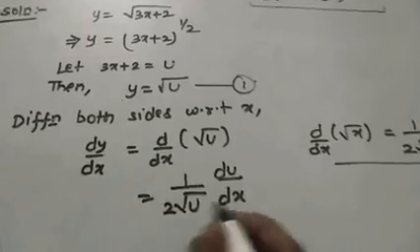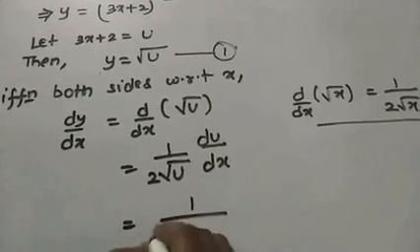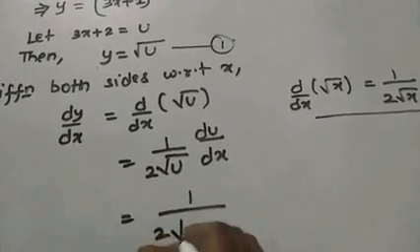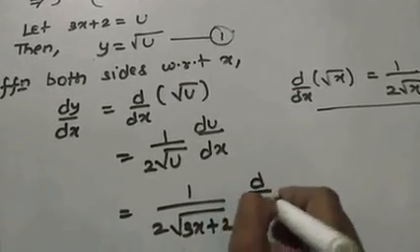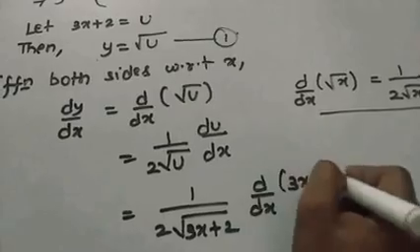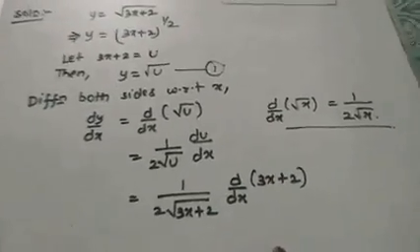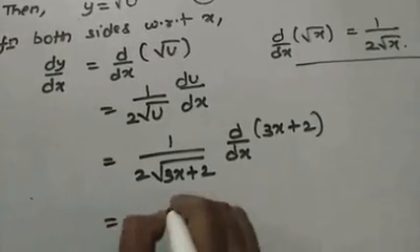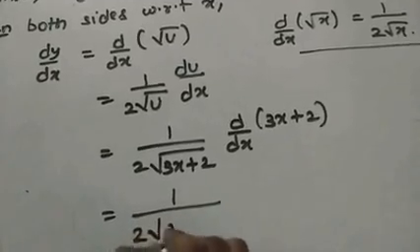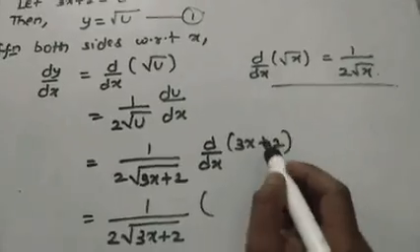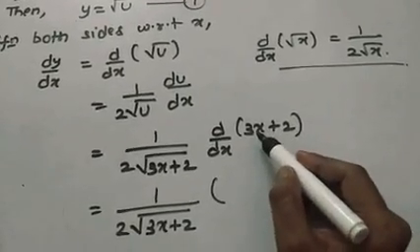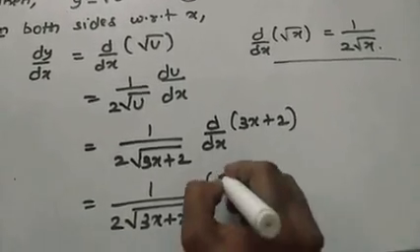Now simply putting the value of u, that is 3x plus 2, this side d dx of 3x plus 2. Now directly differentiating this, first of all 3 is a constant, it will remain as 3.